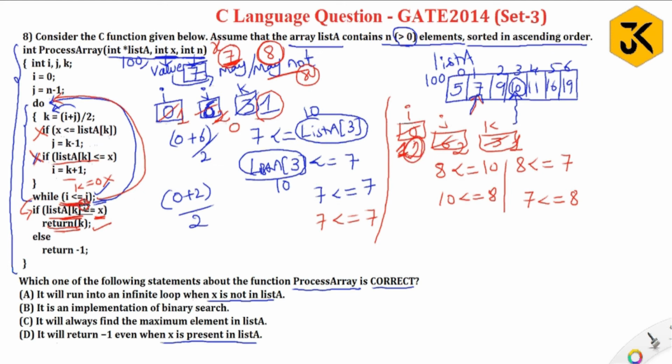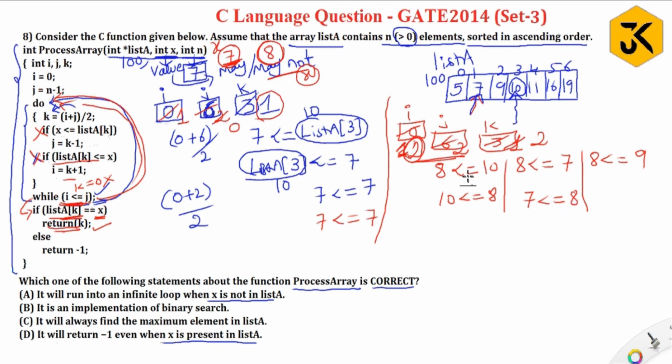Now, while 2 less than or equal to 2, yes, condition is true. Once again, it is going to execute. Now, k value is once again being found. How? K equals 2 plus 2 by 2, that is 2. Now, once again, it is going to check. X value is what? 8 less than or equal to list A of 2. List A of 2 is 9.